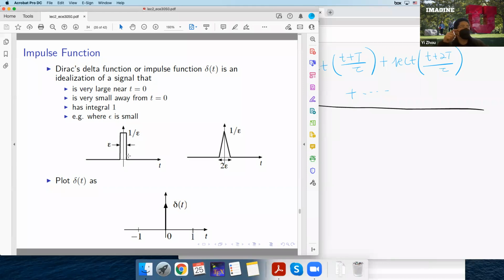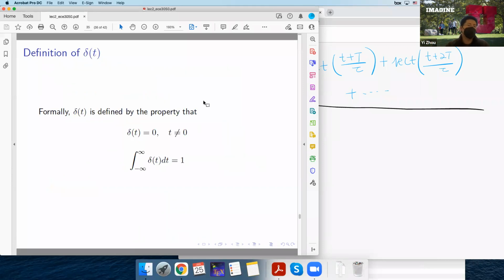But infinity is never well defined. Infinity is not a number. So the only way that we can define this at 0 is by defining that the integration of this function around 0 gives us 1.